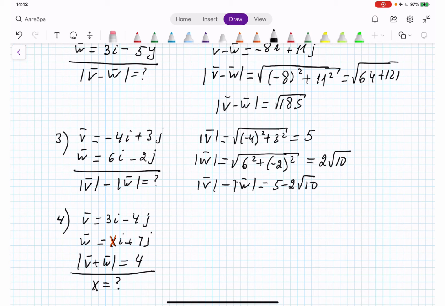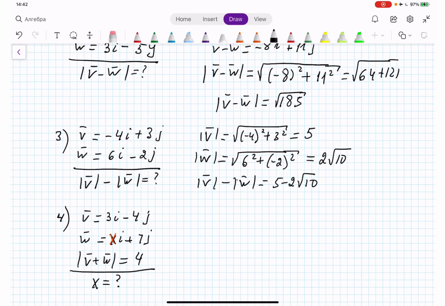So, let's find the sum of two vectors. 3i minus 4j plus xi plus 7j. We are getting 3 plus x times i and plus 3j.